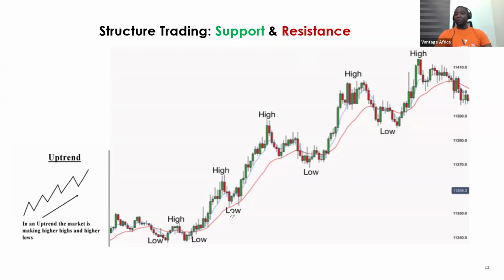We also call this a higher low, and this a higher low. Why? Because the low is higher than the previous low. This occupies a higher level than this, and this occupies a higher level than this. When you see a market creating higher highs and higher lows, that gives you an indication that you're in an uptrend, even though you can see it with your eyes.